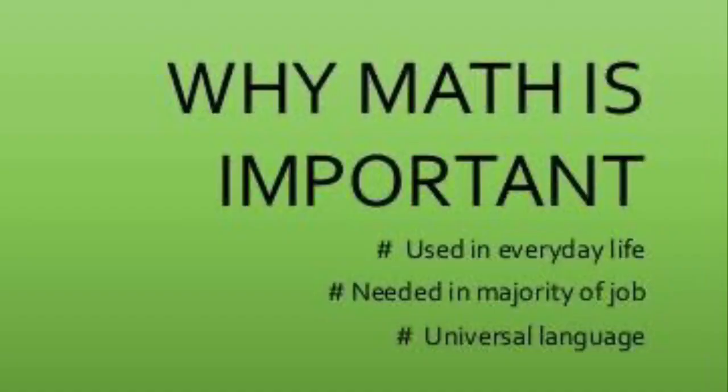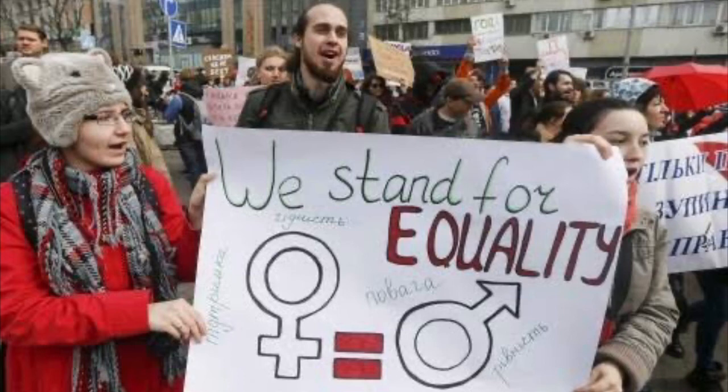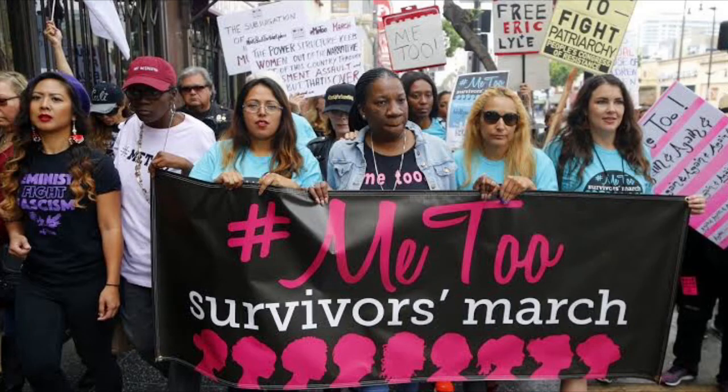Let me answer the question. Why is math important? Because it is in our everyday lives. Aside from business, math is used everywhere. Like rational inequality is like gender inequality. It's the same because females have always experienced gender inequality, like rational inequality.